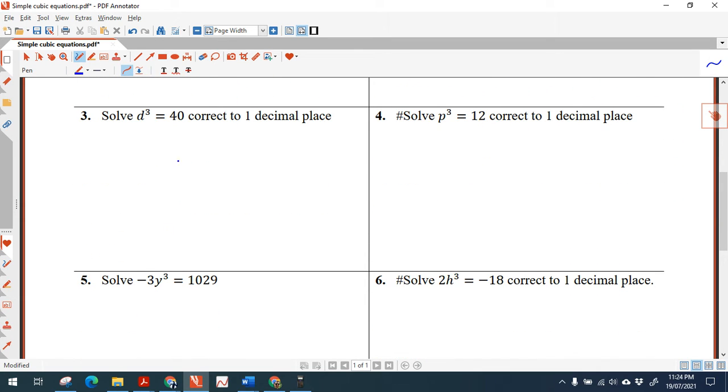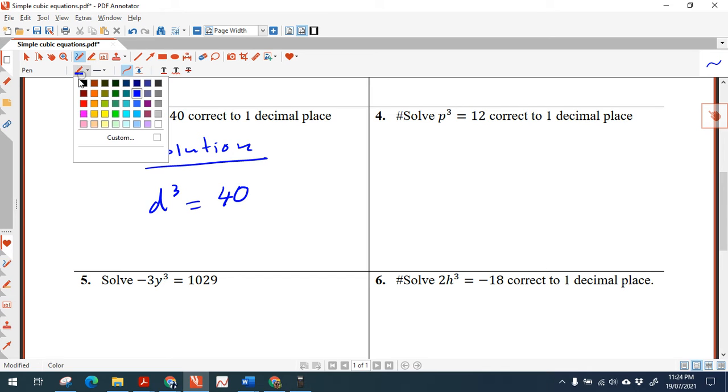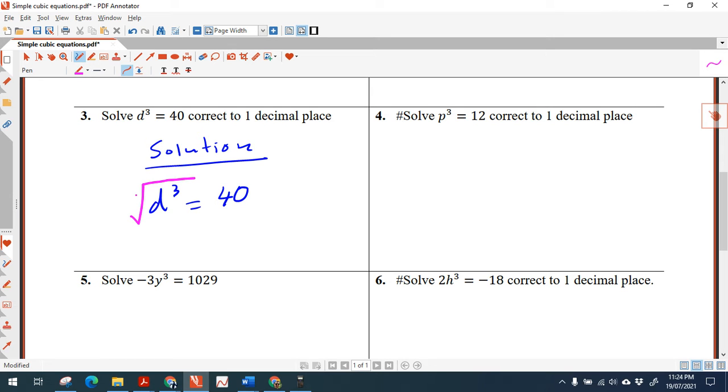All right. Now, let's have a look at the next one. D cubed equals 40. All right, so for our solution, we have D cubed equals 40. And we are going to cube root both sides like before.